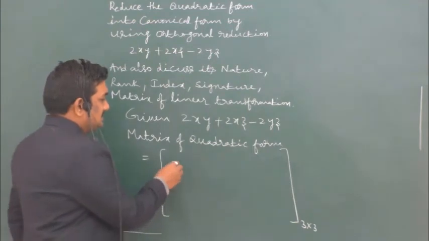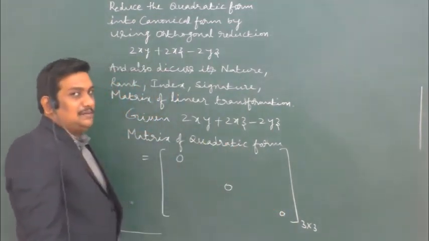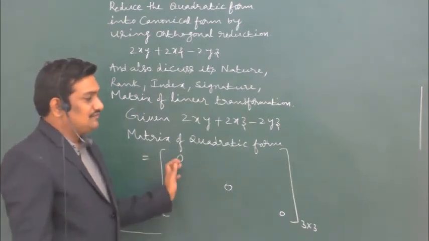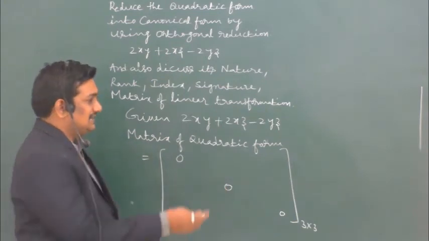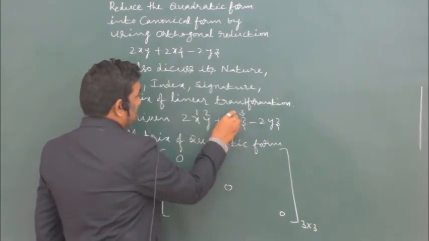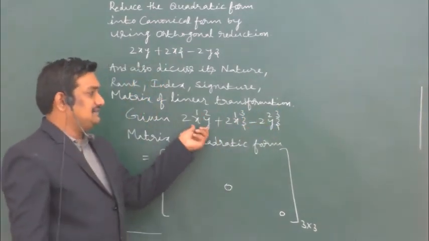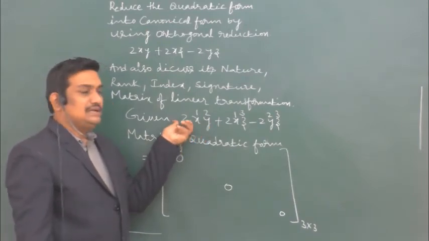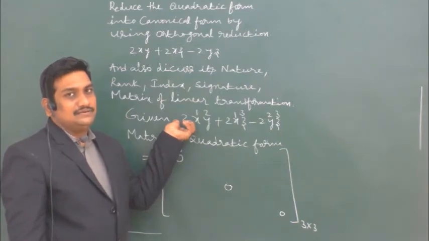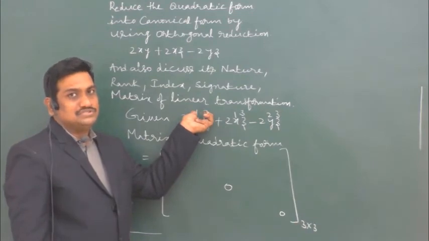Place those coefficients along the principal diagonal. In order to fill the non-diagonal elements, let us assume x as 1, y as 2 and z as 3. Now take the xy term, the coefficient is 2, divide the coefficient by 2, it will be 1. Now you place 1 in the 1 2 position as well as the 2 1 position.